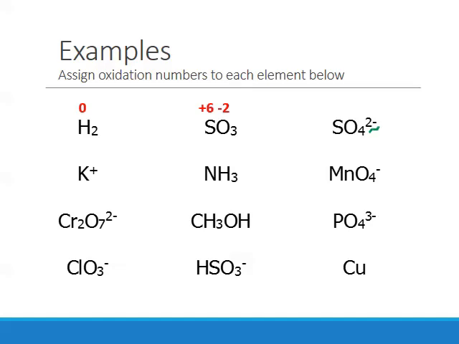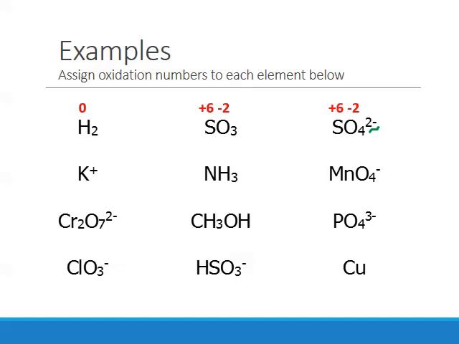So if you've got -8 from the oxygens and the entire thing has to end up being -2, that sulfur must have an oxidation state of +6. And let's just verify that. 4 oxygens, 4 times -2 is -8. 1 sulfur, 1 times 6 is 6, and -8 and 6 add up to give that charge -2.